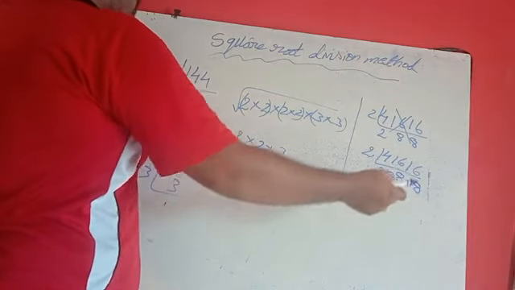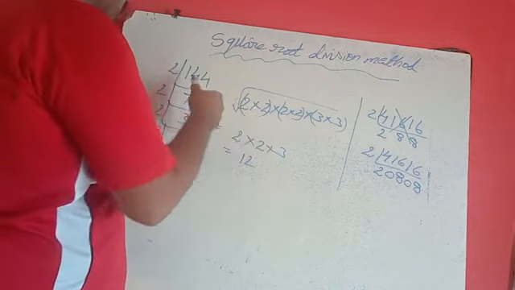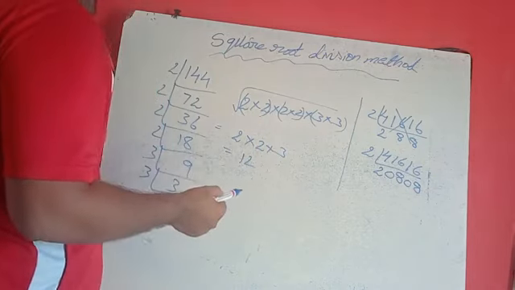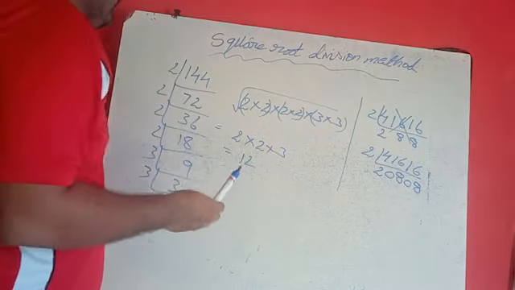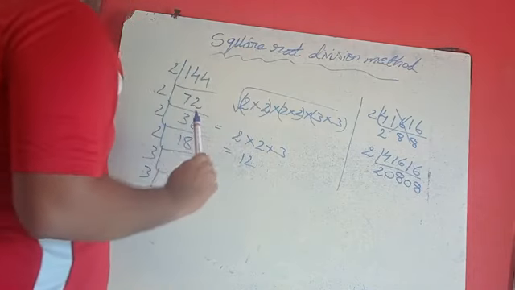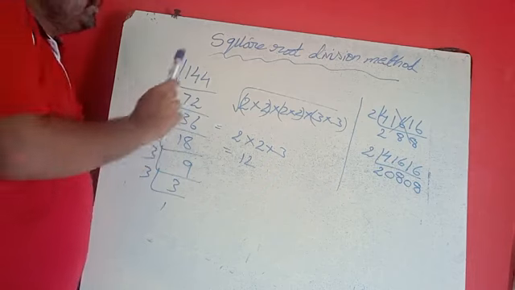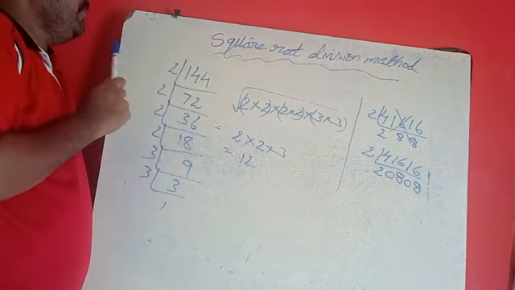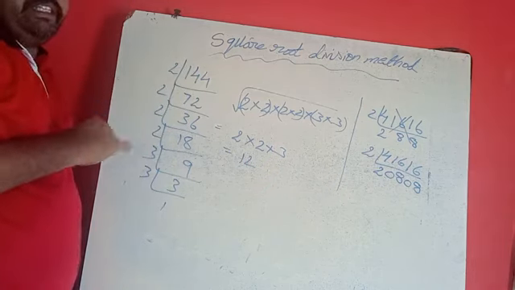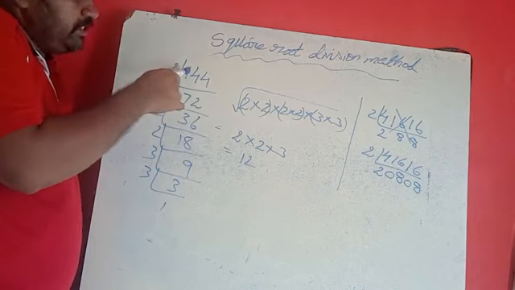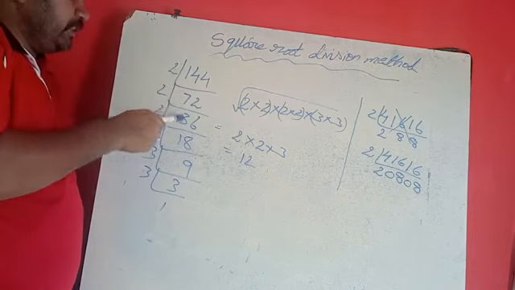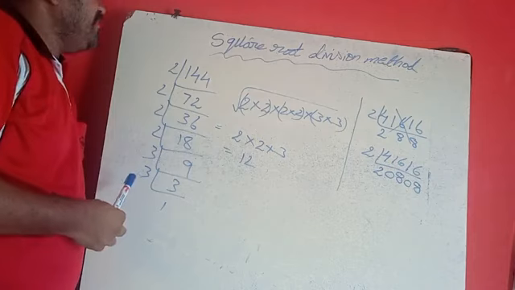To avoid mistakes, we can use what is called the prime factor method. Without using the prime factor method, we can also find it by the square root division method. Once again, listen. Why we are introducing the square root division method is that in the previous sums we found the square root by the prime factor method.